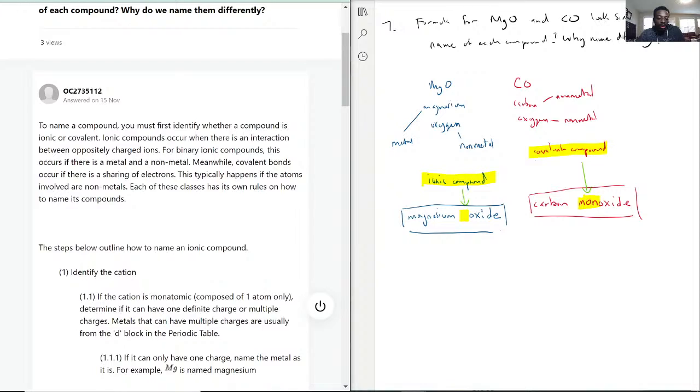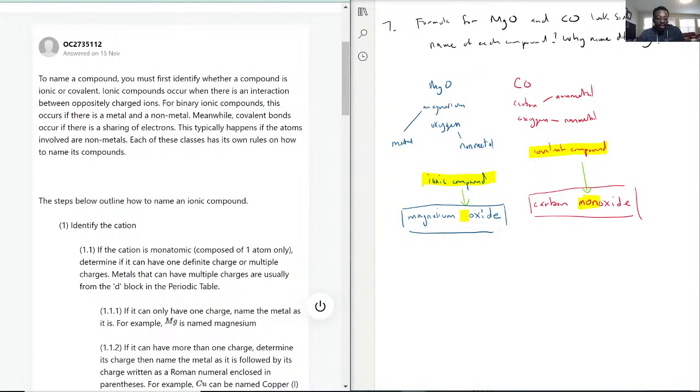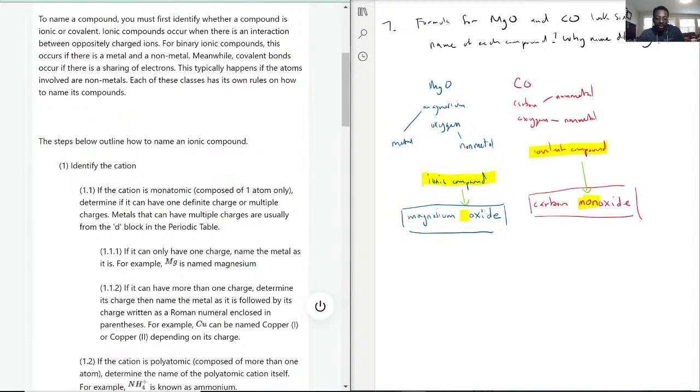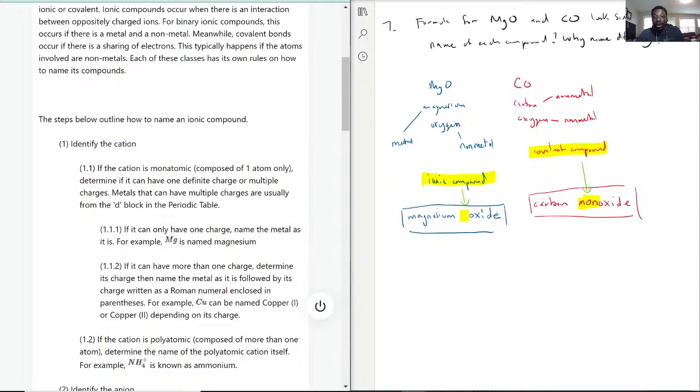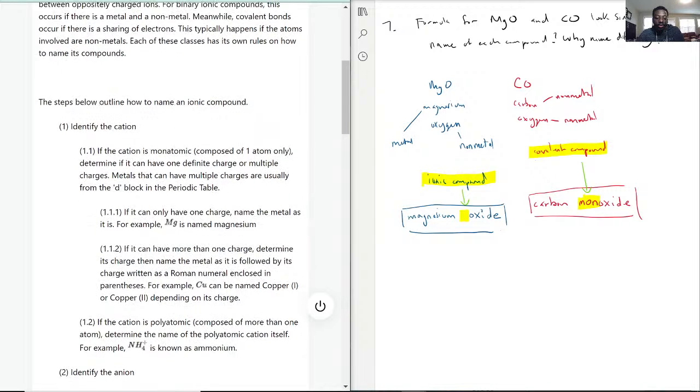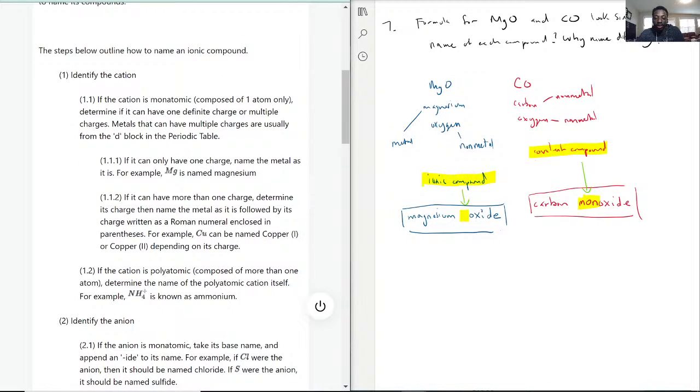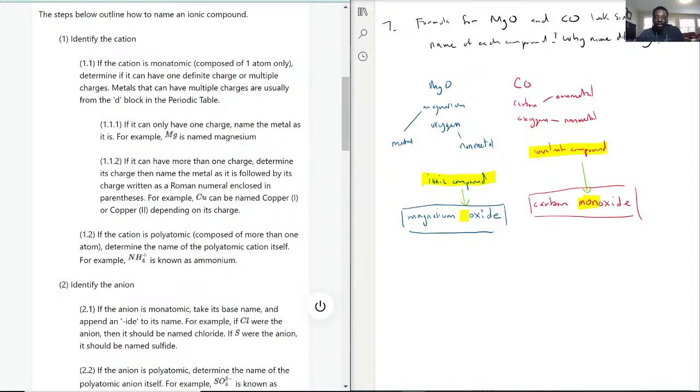Okay, so exactly, they're identifying. That's a lot of steps. They are being a lot more specific in identifying the metal and the non-metal, making sure that you are identifying the right parts, because like we had in the previous question, the metal and non-metal parts don't have to be all one thing.